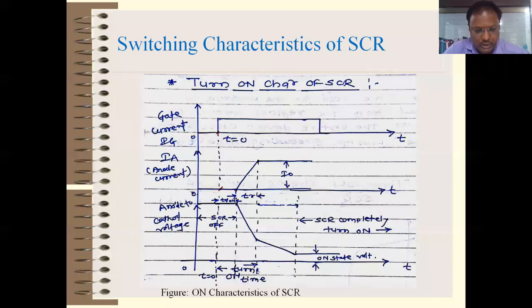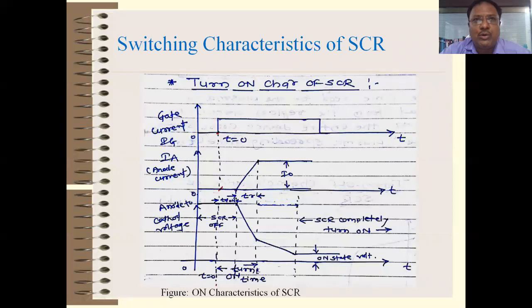Then what happens? The anode current IA is still 0. If you see here, it is still 0 for some time. This time is required to charge the capacitances. Capacitance means the depletion region. Normally depletion regions are the empty regions, meaning there are no free electrons or holes present in a depletion region.